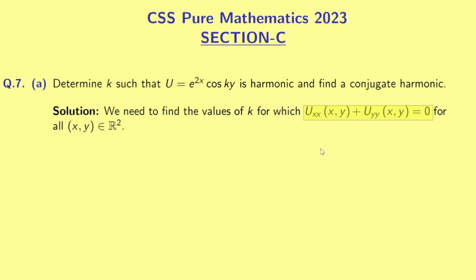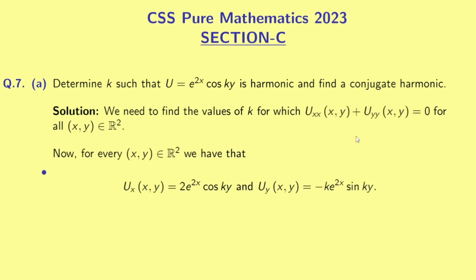So we take the first order partial derivatives of u. Here we have ux, it is 2 times e to the power 2x times cosine ky, and uy equals minus k e to the power 2x times sine of ky.